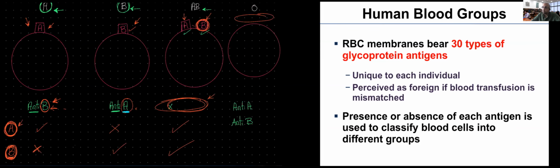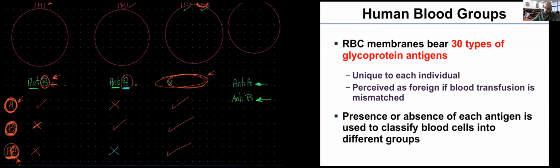How about blood group type O? I don't have antigens on the surface. So both antigen A and antigen B for me are non-self antigens, and my immune system is forming anti-A and anti-B.